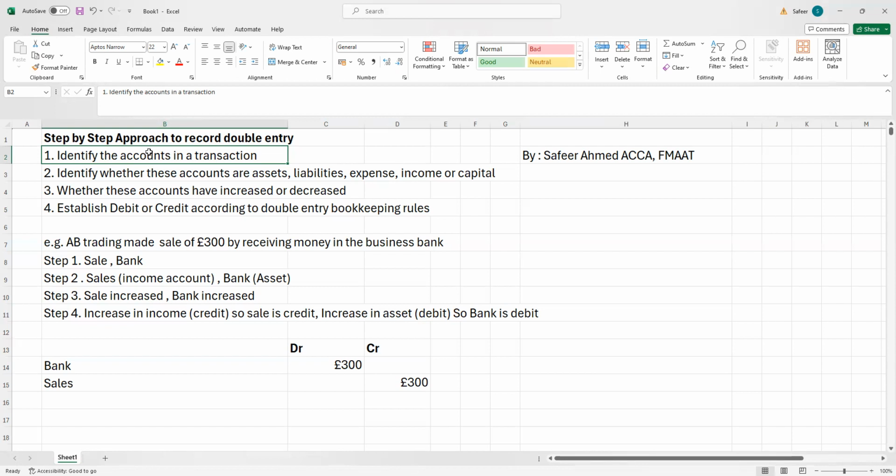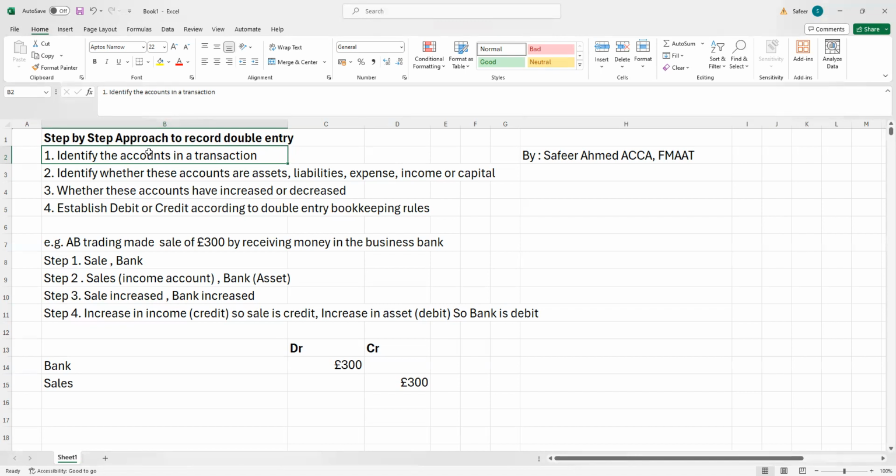It is also relevant if you are a foundation in accounting student in ACCA, or if you're a T level student, technical level student, and you're a beginner in accounting, or if you're a level 3 or level 4 foundation degree or BSc Accounting and Finance level 4 student, and you are studying maybe Introduction to Financial Accounting, Introduction to Bookkeeping, or Introduction to Accounting in general.